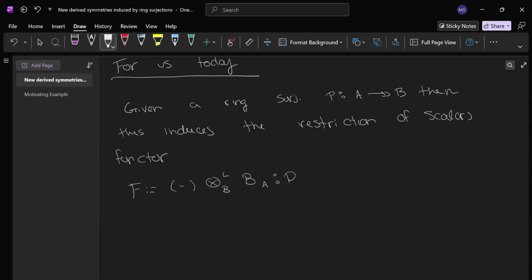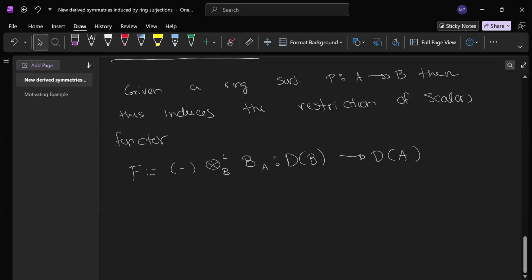So this is going to be a functor from the derived category of B to the derived category of A. This is the functor that we're interested in, and we want to compute the twist around this functor.